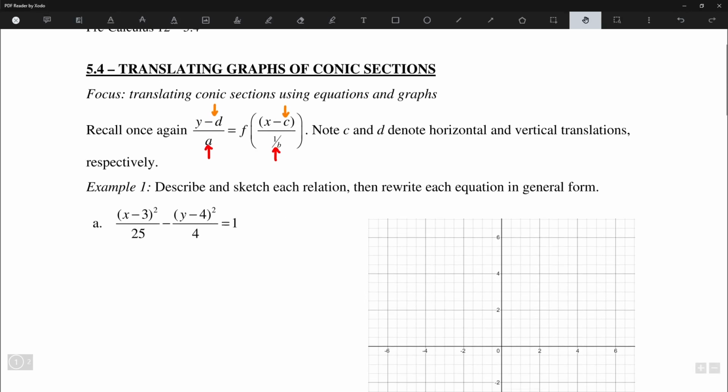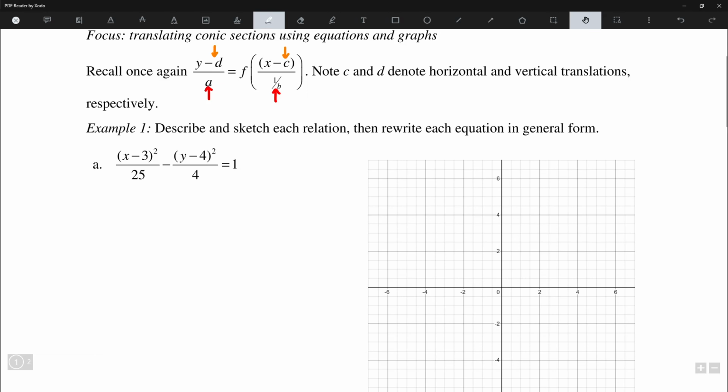First thing we're going to do here is rewrite the two terms on the left-hand side. The first term can be rewritten as x minus 3 all over 5 and then all squared.